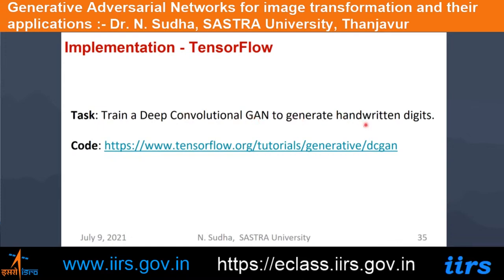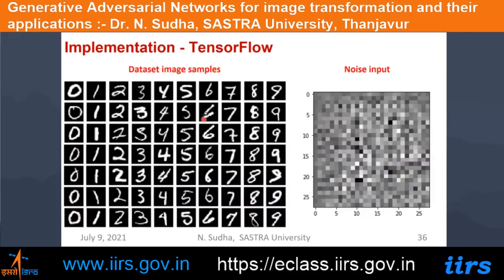This is used to generate handwritten digits, and the code is available here. We have already seen that handwritten digit dataset before. The dataset images are just black and white images with handwritten characters on them, and the noise input to the GAN, it is a basic GAN only.